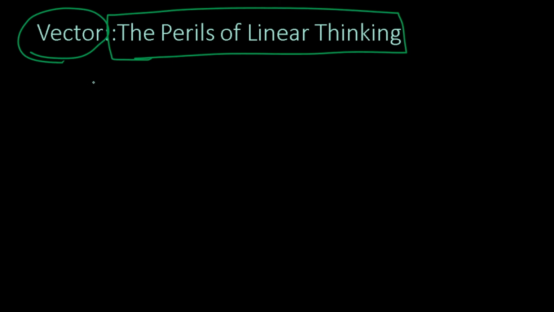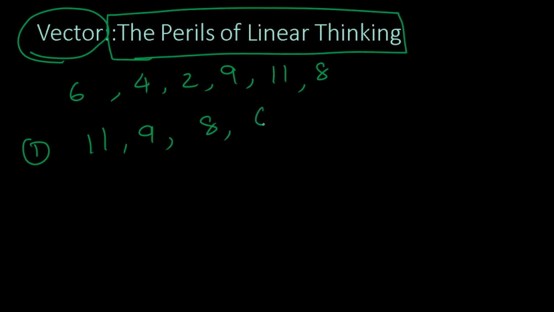So let us say we are given 6 elements: 6, 4, 2, 9, 11, 8. The first step, you have to sort them in descending order. So we can sort them as 11, 9, 8, 6, 4, 2. Now you can say that retrieval is very easy.